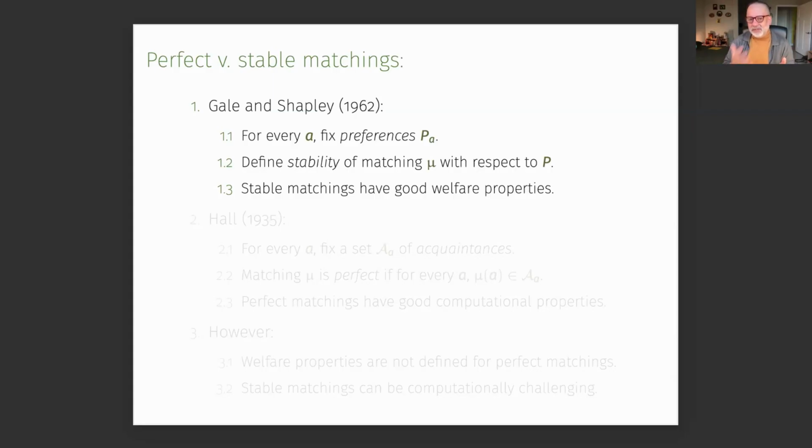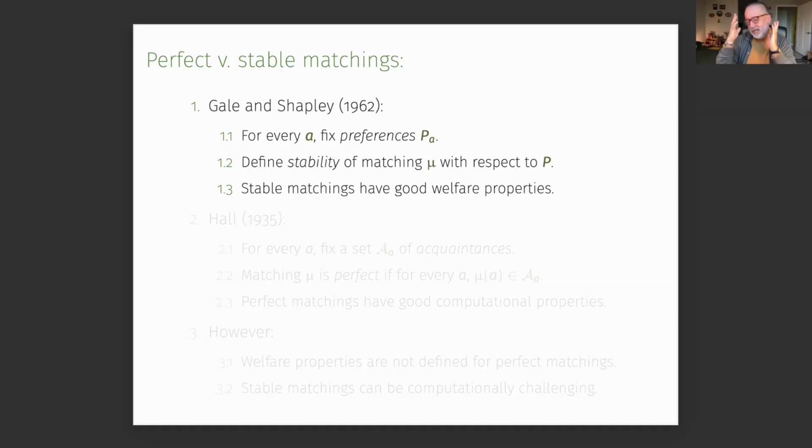So the way the theory is constructed is that we take the set of men, the set of women, and then for every agent, we assume that there exists a preference profile, a ranking over the agents of the other set, of the other gender, plus themselves. And then we define stability of a matching with respect to those preferences.